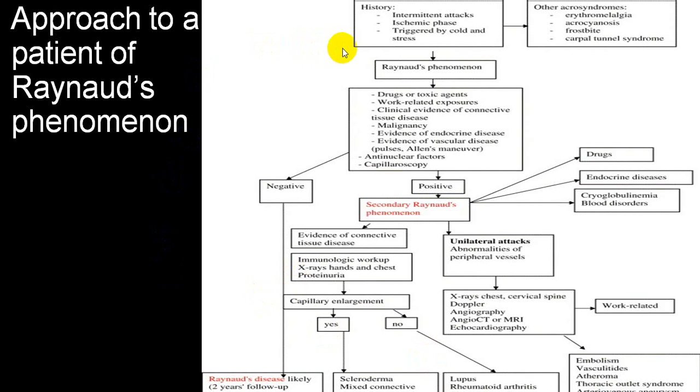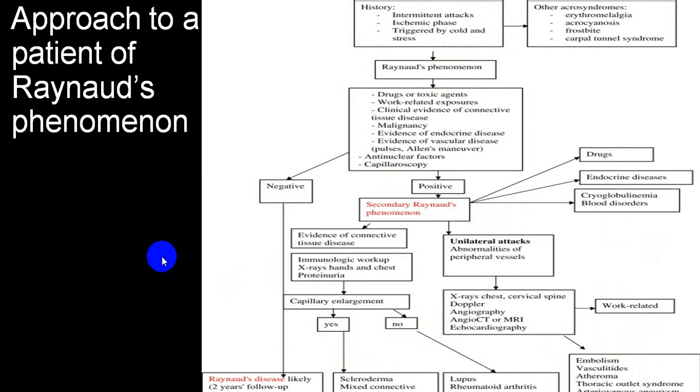This is how you approach Raynaud's phenomena, a little bit in detail. If you are interested, you can go through. This slide will help you differentiate Raynaud's disease, scleroderma, lupus, RA, or what we call the collagen group of disorders, and occlusive disorders like embolism, vasculitis, atherosclerosis, thromboangiitis obliterans, thoracic outlet syndrome, etc. So this is how you approach.